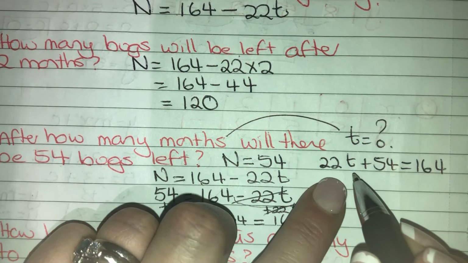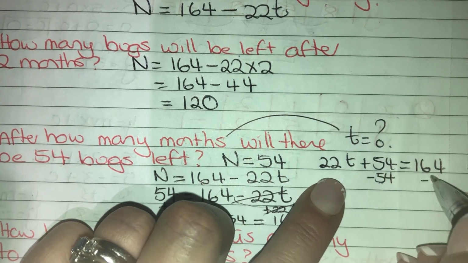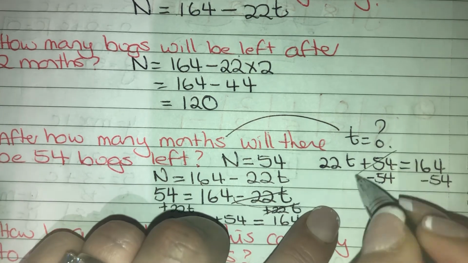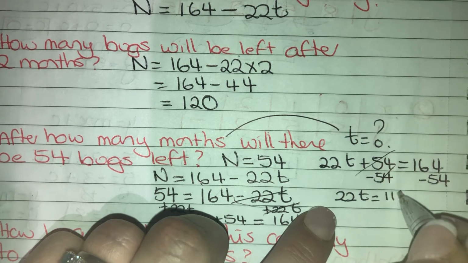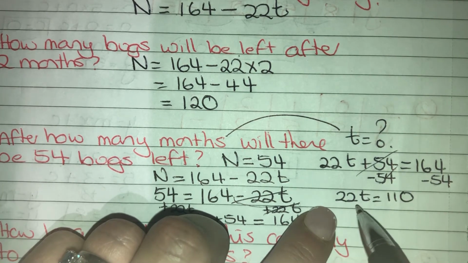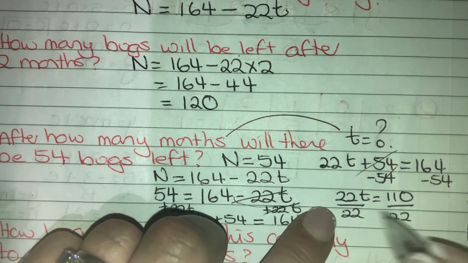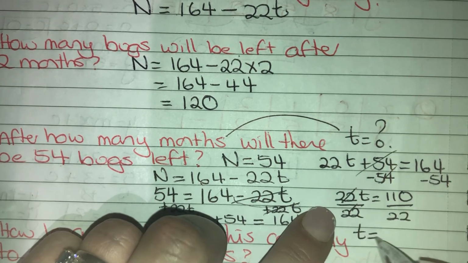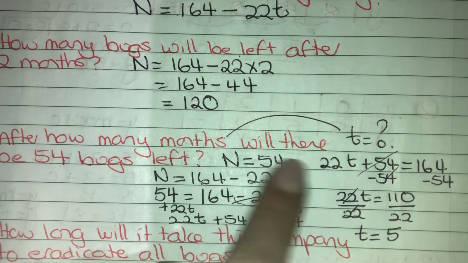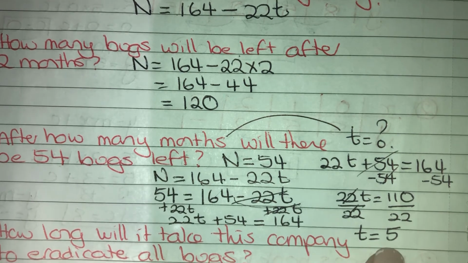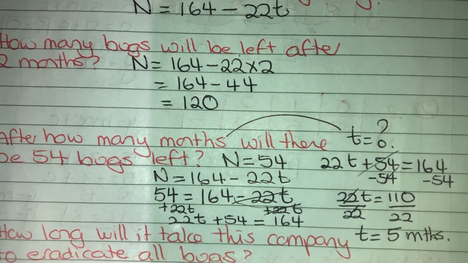Now, how do we get rid of plus 54? We subtract 54. 22t equals 110. This is 22 times t, so we're going to divide by 22, and t will equal 5. In how many months will there be 54 bugs left? It will take 5 months of work to get down to 54.